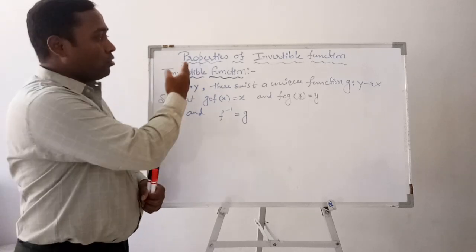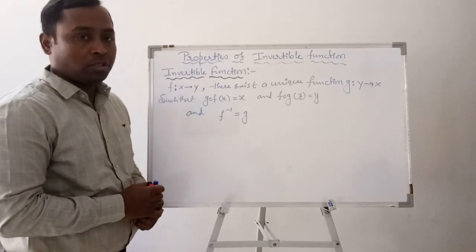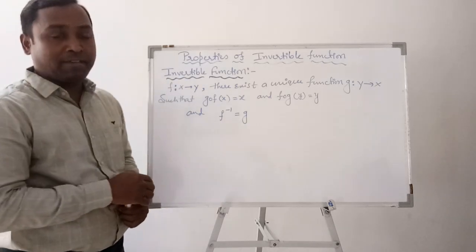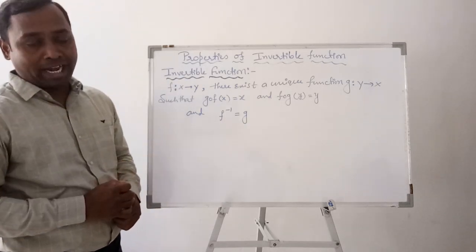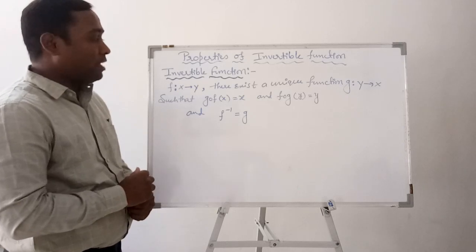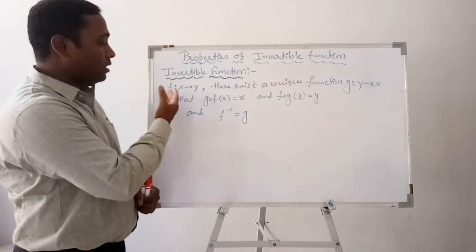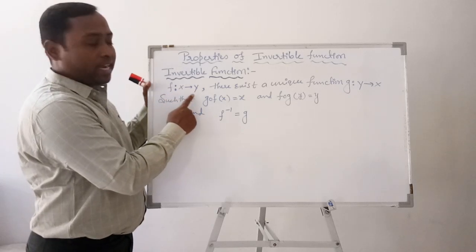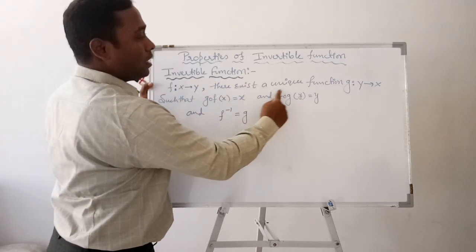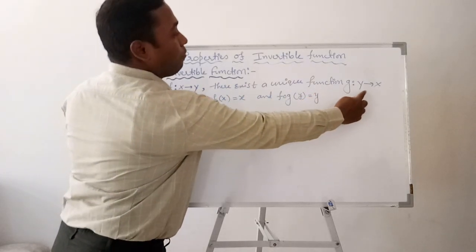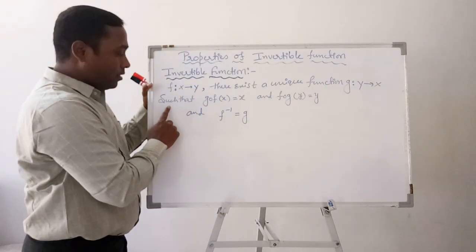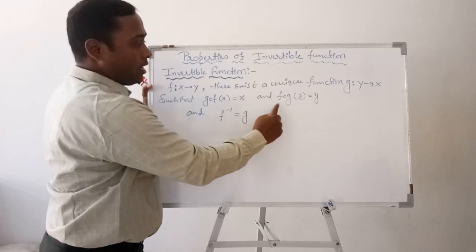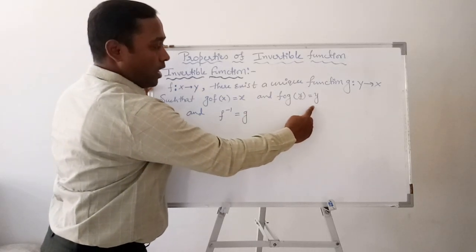Before coming to the properties of invertible functions, I would like to recall the definition of an invertible function in composition language. So how can we define the invertible function? If f is a function from X to Y, then there exists a unique function g from Y to X such that g circle f of x is x and f circle g of y is y.